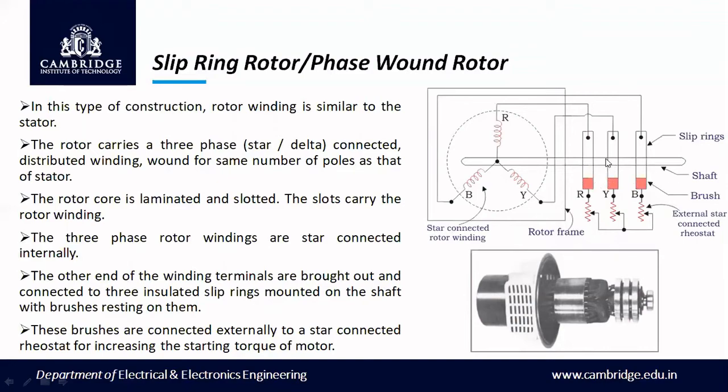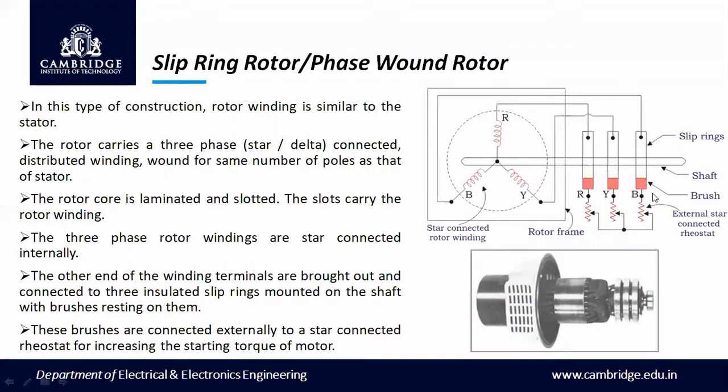So these are the brushes and these are the slip rings. Because it is three phase, it will have two ends. One end is connected inside as a star, and the other end will be brought outside and connected to slip rings. In turn the slip rings are connected to brushes, and this whole arrangement is kept on the shaft.